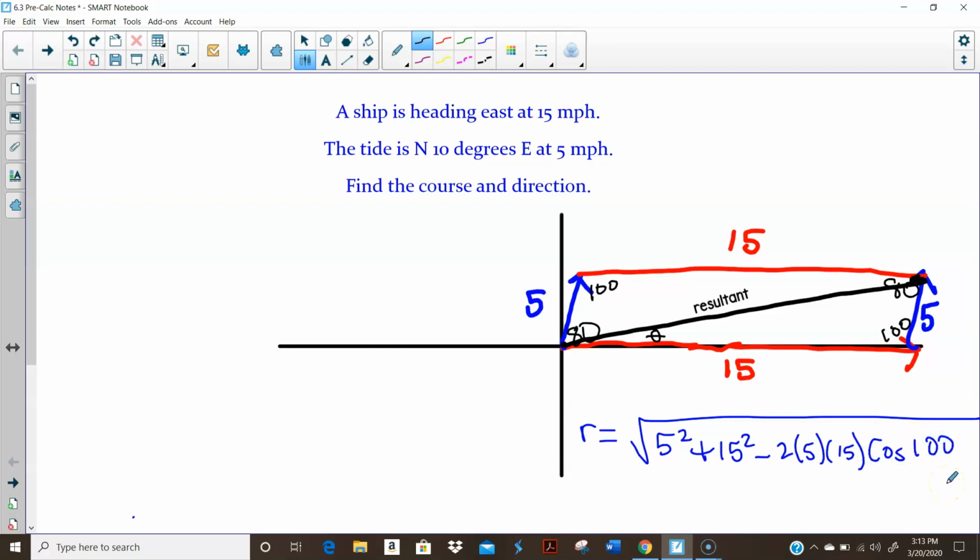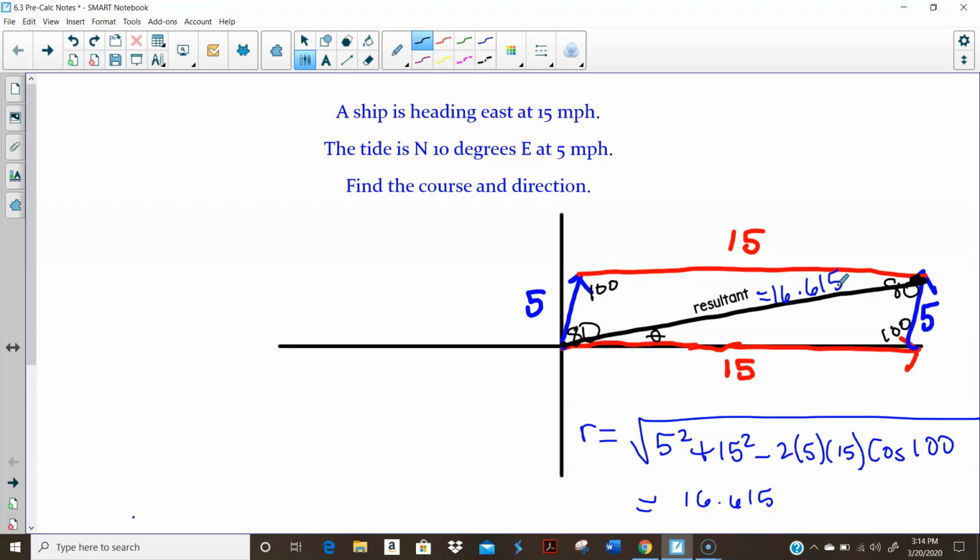All right, you throw that into your calculator and you're going to end up getting 16.615. So that is the resultant, 16.615. So the tide is making the ship go faster than its 15 miles per hour.